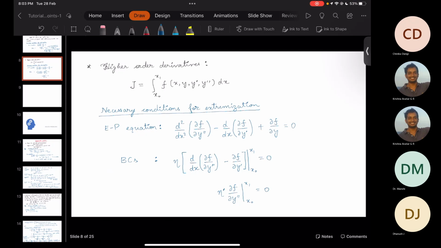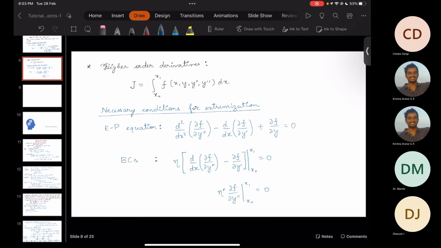Here eta are the perturbation functions. But at x0 and x1, our dependent variable, which is y, is already fixed. So the first condition is already satisfied. So we don't require this set of boundary conditions. We'll only pick the eta double prime condition.